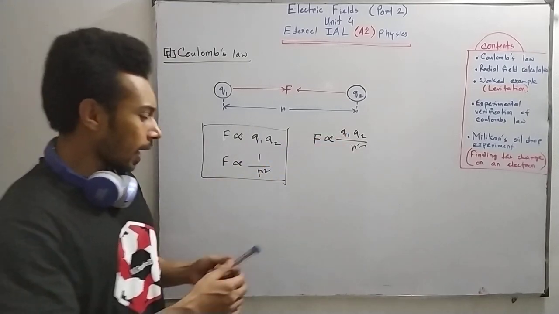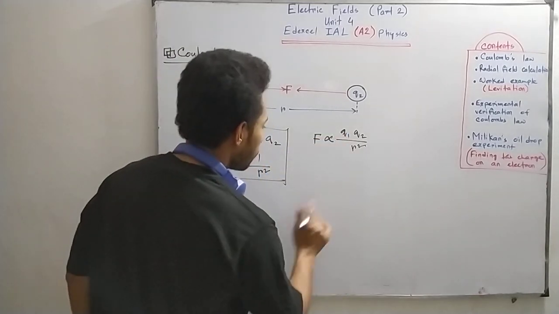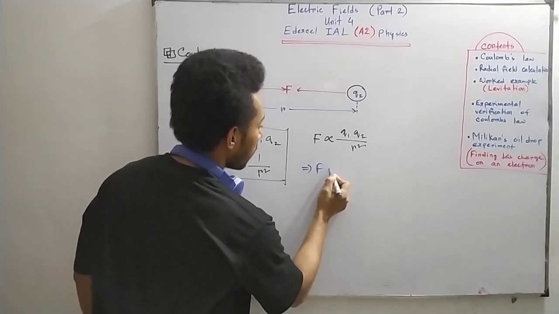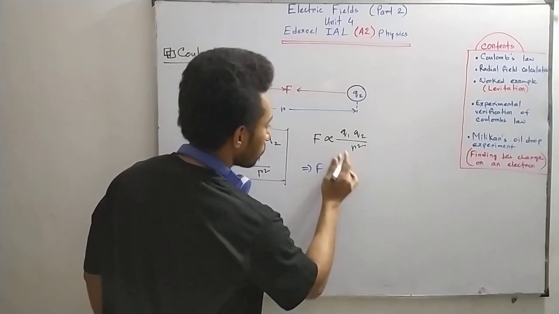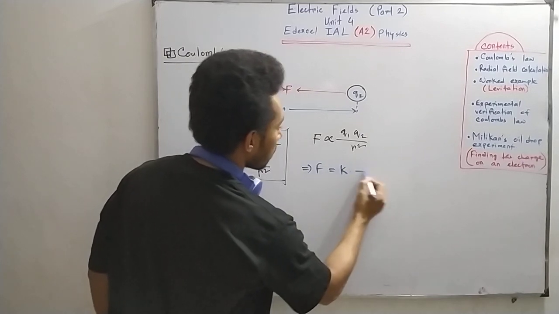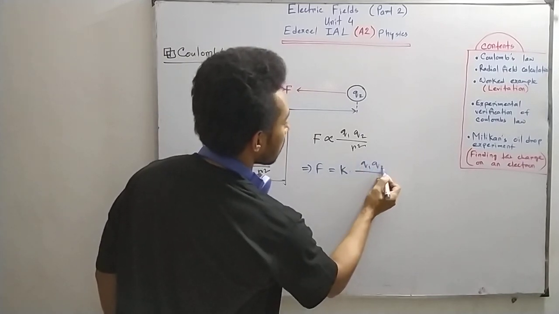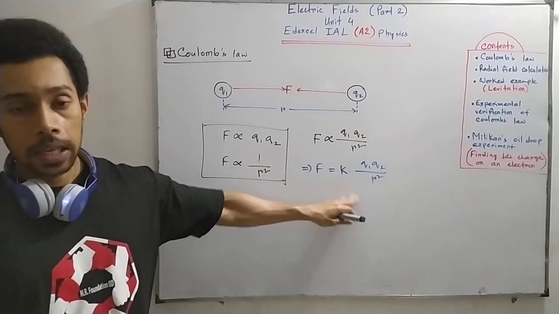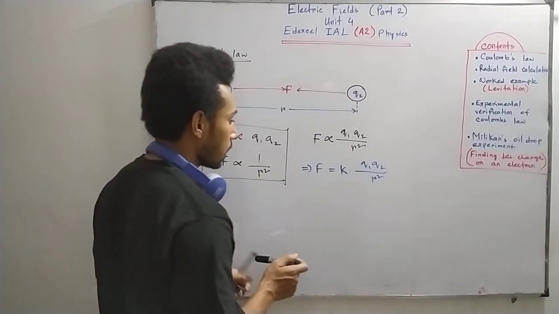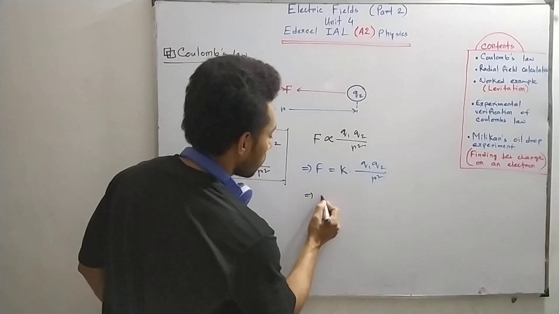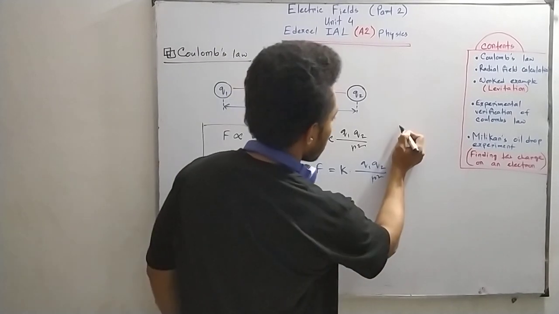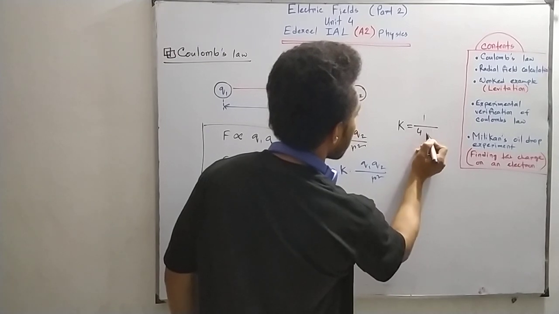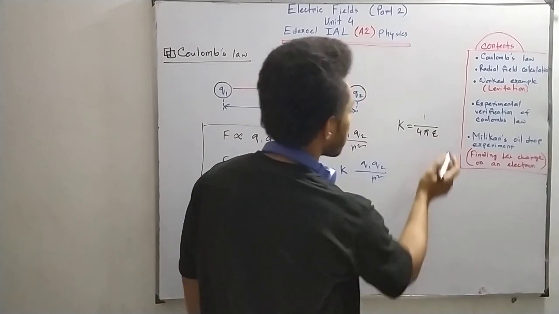Okay, and if you want to make an equation, F is equal to K Q1 Q2 by R squared. Here K is a constant, and this constant K is equal to 1 divided by 4 pi epsilon.